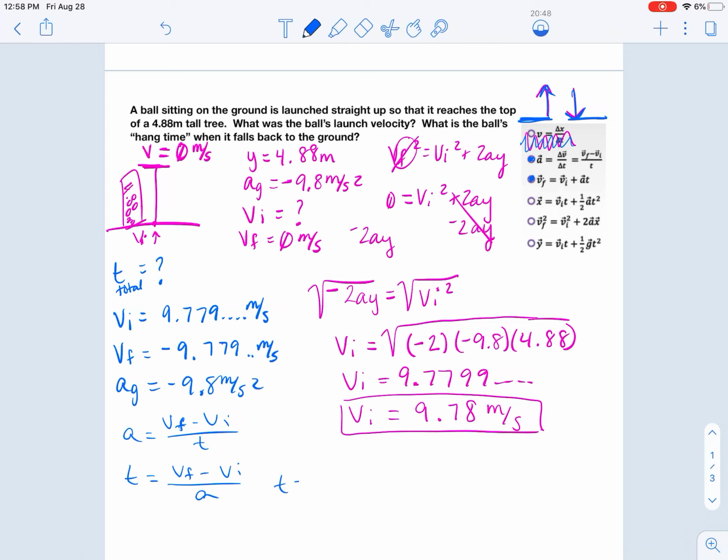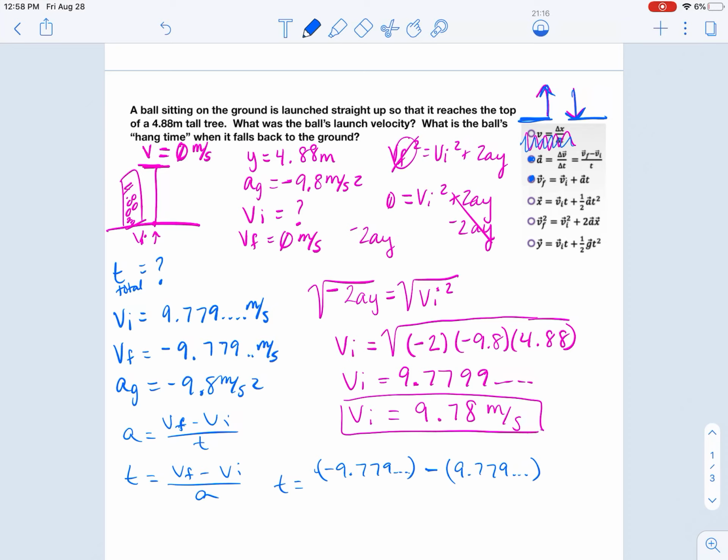So when I go to plug this in, it says t equals, my final velocity is a negative 9.779. That is my final velocity minus my initial velocity, which is a positive of this value. Now, sometimes students just kind of jump the gun here and they assume, oh, that means that I have a numerator of 0.